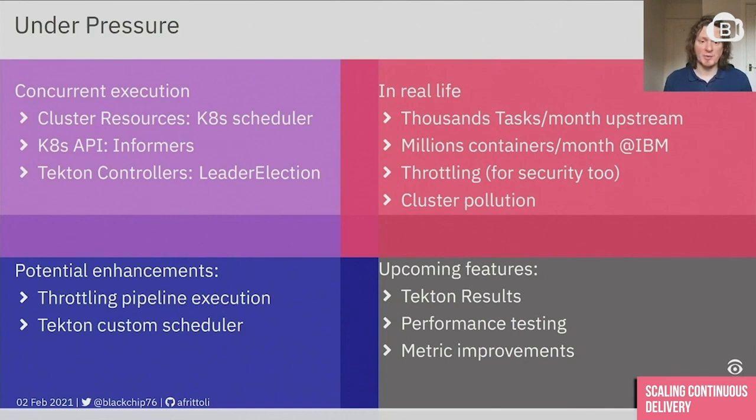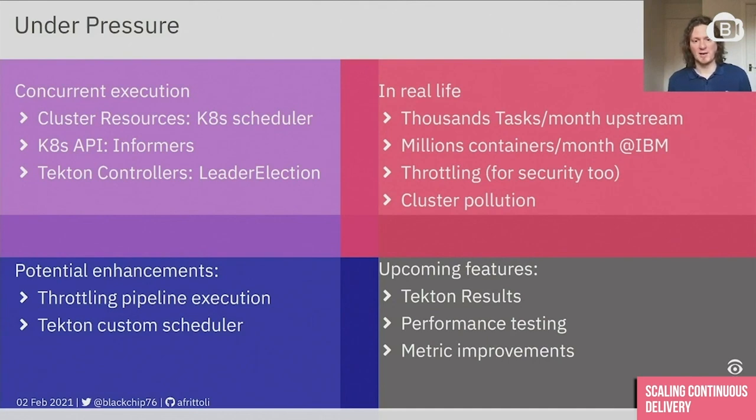At IBM, we limit the maximum number of pipelines that we run at any point in time in the cluster. In the community, we limit the people that can run pipelines. So only maintainers or people within a trusted group can run the pipelines, and others, when they submit PRs for instance, need to be authorized before the pipeline is executed.